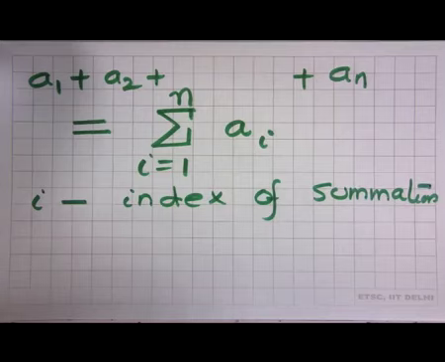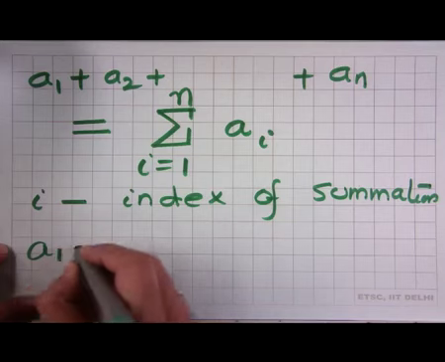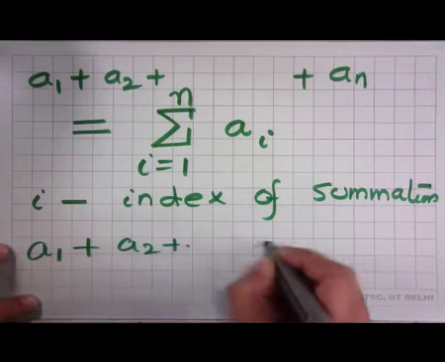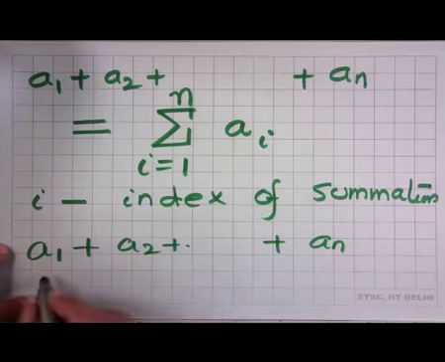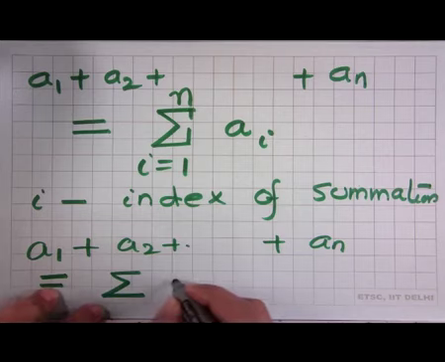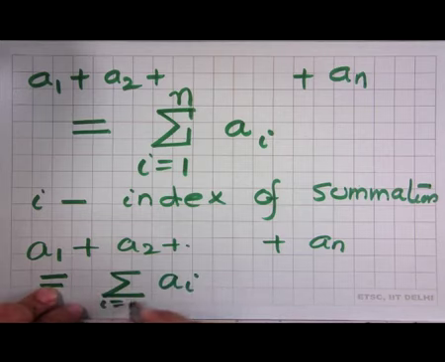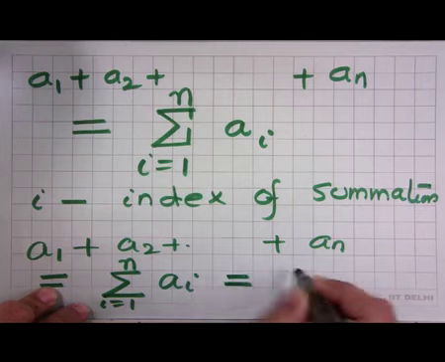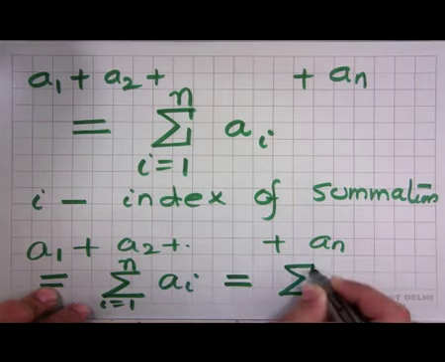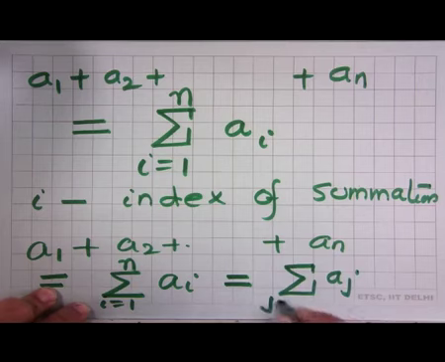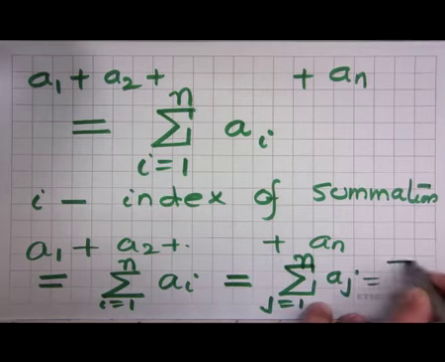Note that the index of summation is a dummy in the following sense: the sum a1 plus a2 plus etc. plus an can be written in compact fashion using the sigma notation ai, i equal to 1 to n, or as summation aj, j equal to 1 to n, or as summation ar, r equal to 1 to n.